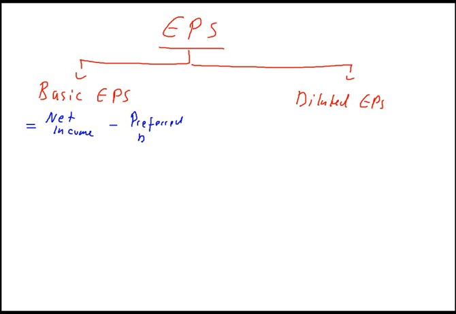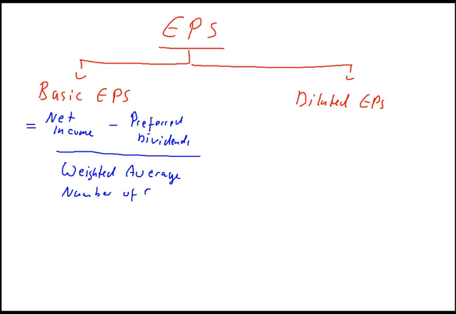That's divided by the weighted average number of common shares outstanding. So that's how basic EPS is calculated. We divide the income available to the common shareholders by the weighted average number of common shares outstanding. That's the equation used to calculate basic EPS.